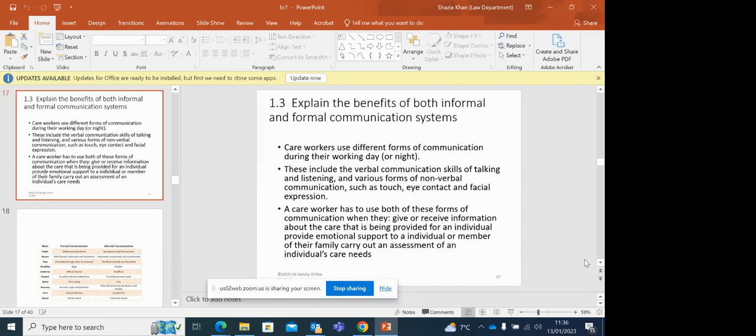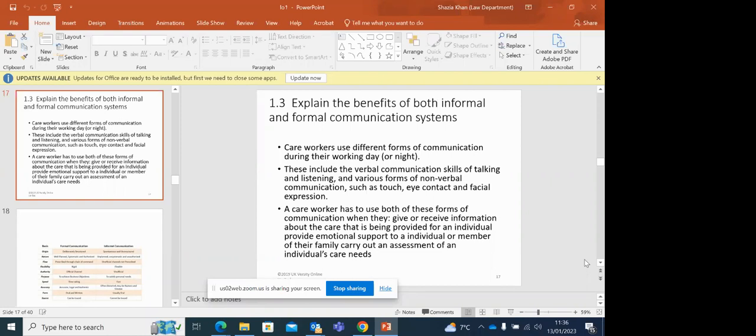Does facial expression and eye contact impact on that? Yeah. Or maybe if you sat in a training session and you're bored, your face shows that, doesn't it? Yeah, that's true. Maybe like today, I don't know. But your facial expression, if I can see your face, would identify how you feel. Okay, so it is important.